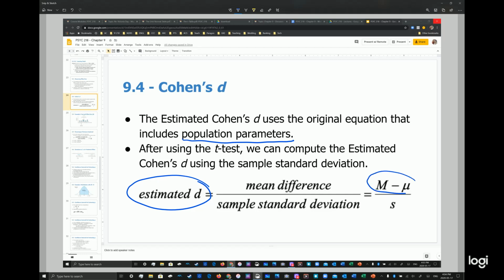We can figure out the mean difference, that is between the treated sample mean and the population mean, that is the null hypothesis mean, and then the sample standard deviation here. So instead of sigma, we use S. So for, again, Cohen's d for estimated values, we use the mean difference over the sample standard deviation.